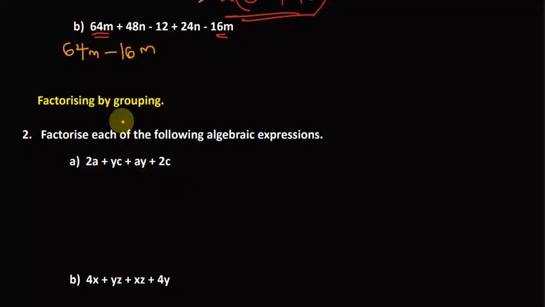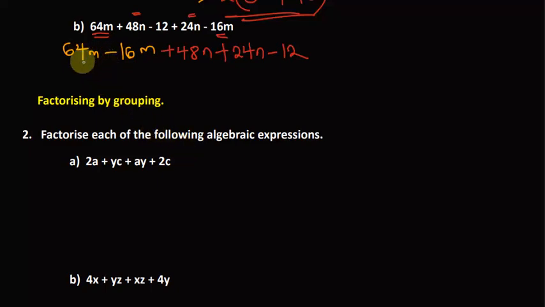Then the next, we group those with n, 48n plus 24n. Lastly, we have 12 here alone, minus 12. It will be like that.